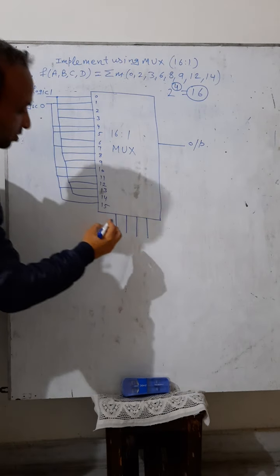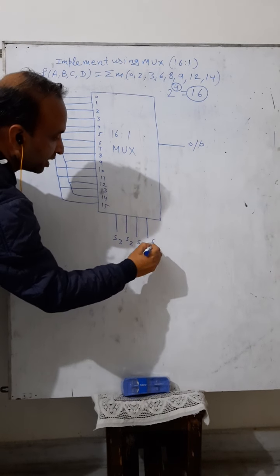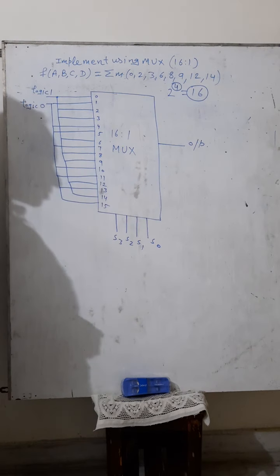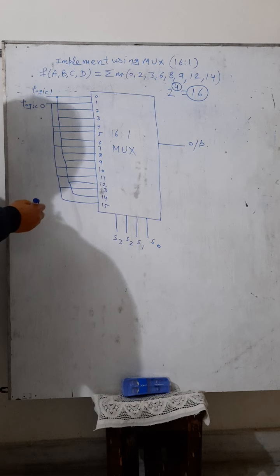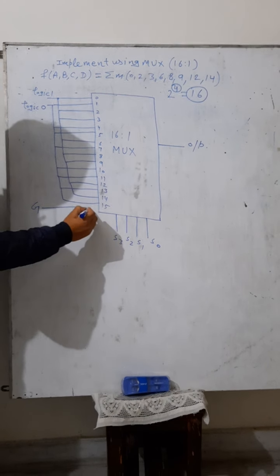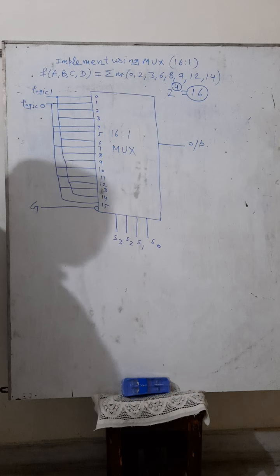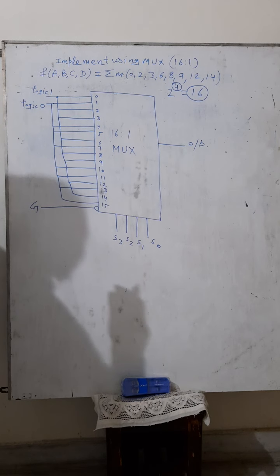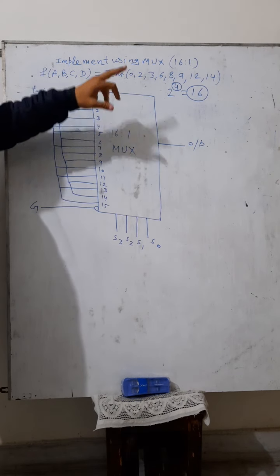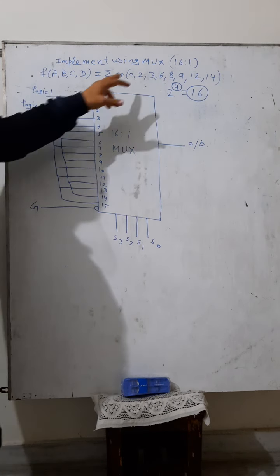So S3, S2, S1 and S0. And in the same way, the enable signal G will be connected. And this is the implementation of this type of function f(a,b,c,d) equal to whichever minterms are given, 0, 3.